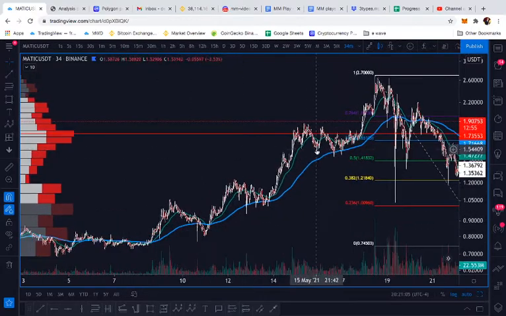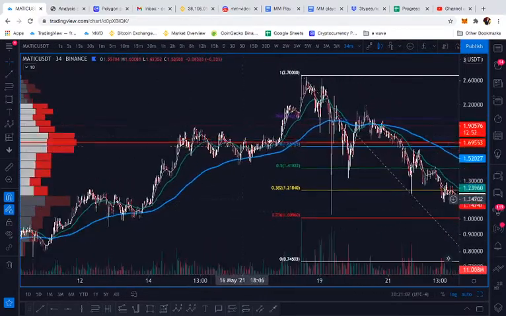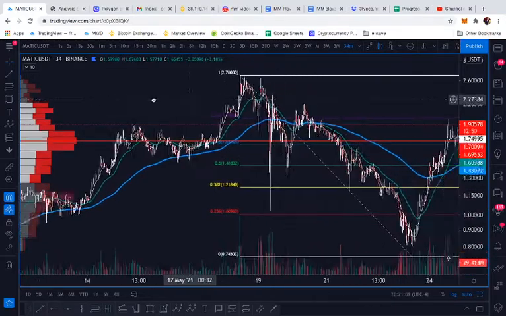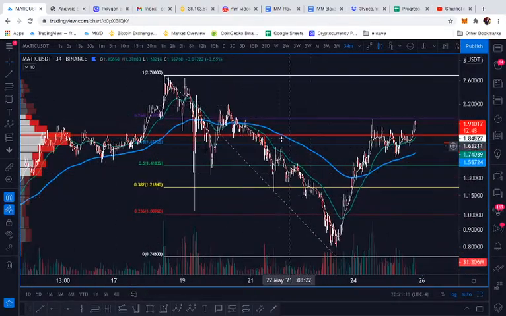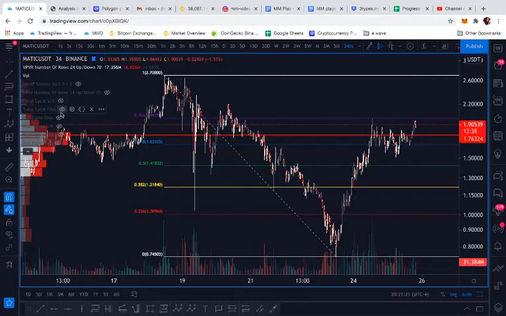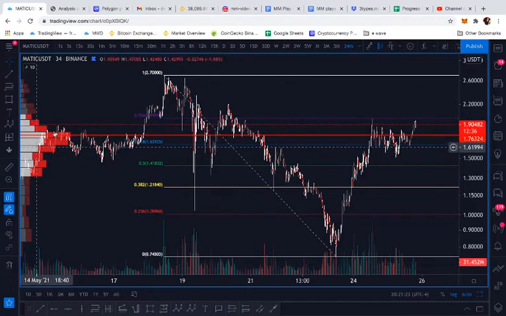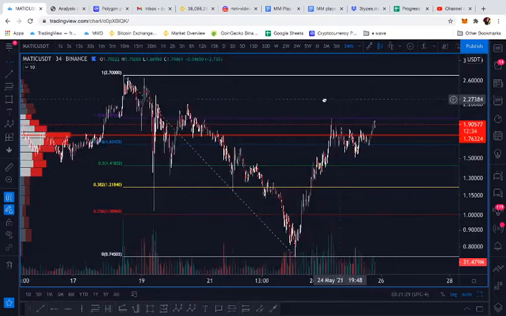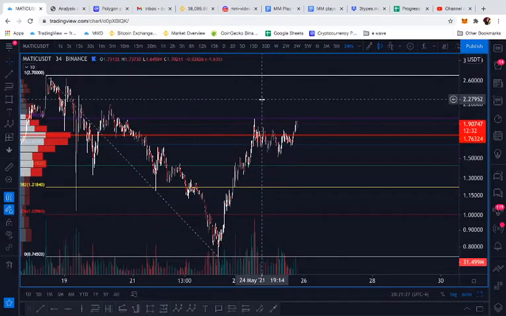There's definitely a lot of proprietary firms that use this one. It's really obvious once you get to know the wicks right here, how it closes above it. They just buy it and continue the uptrend. But it's hard as a human to follow it. You have to be super tuned to just trading one strategy.